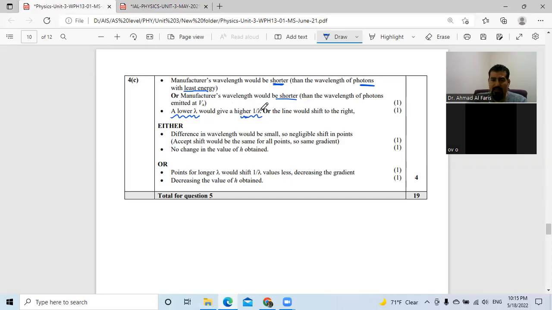So when I say a higher value of 1 over lambda, that means all the points of the longer wavelength will be shifted with less 1 over lambda value. That means the gradient will be less, decreasing the gradient. So as the gradient decreases, the value of the Planck constant will be less. That's what I said.